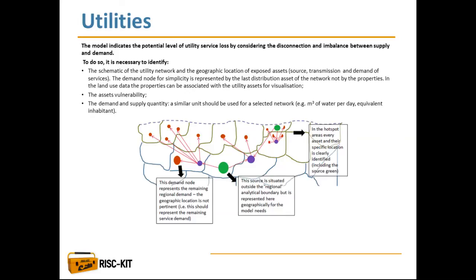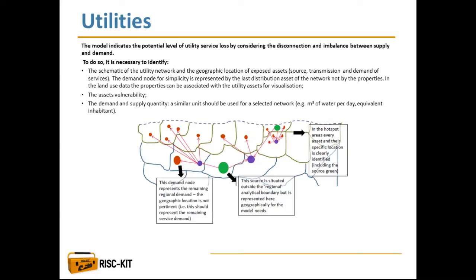For utilities, the model indicates the potential level of service losses by considering the disconnection and the imbalance between supply and demand nodes. So to do that, you will have to identify the schematic of the utility network and the geographic location of the exposed assets. The demand node, for simplicity, is represented by the last distribution asset of a network and not by the individual properties.